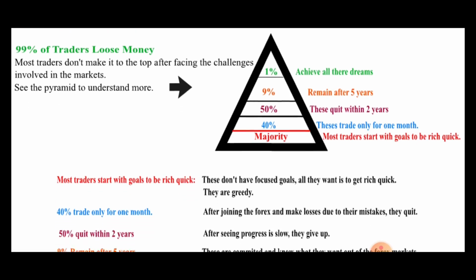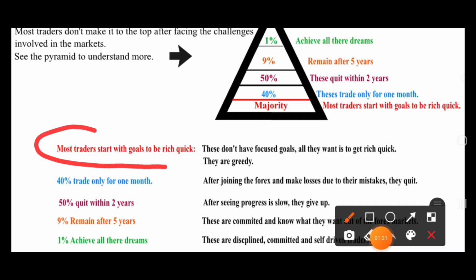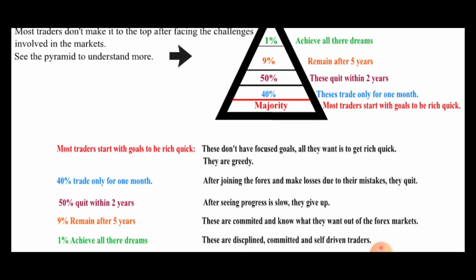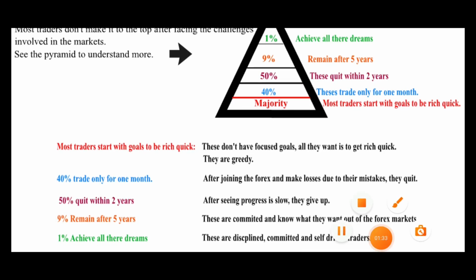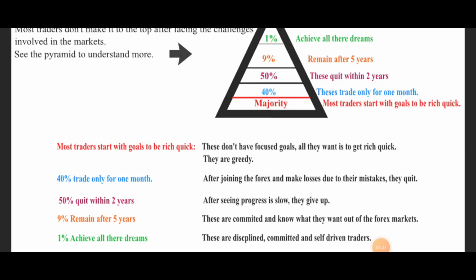Now let me go into a quick in-depth explanation of this. When we look at the bottom line, most traders start with goals to get rich quick, the majority, so we see that these don't have focused goals. All they want is to get rich quick. They are greedy, and you cannot bring greed into the forex market.